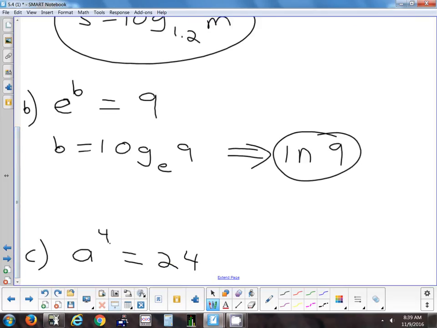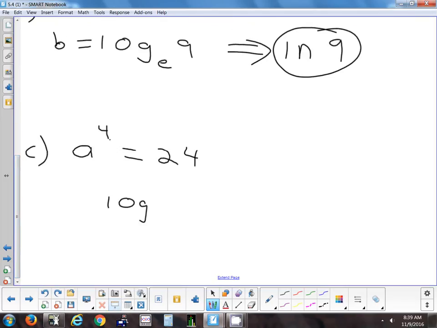How about C? Log, Angie, what would be my base there? The base would be A. Yep, the base is A. And logarithm always equals what kind of number? Exponent.